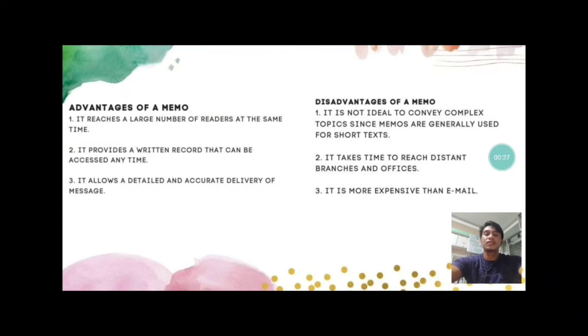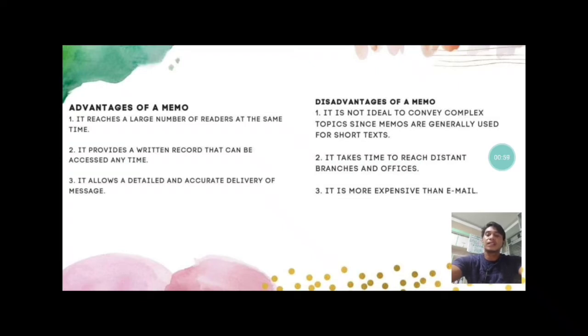For example, magbuhat ka og memo para sa moabot na event, syempre need nimo ipabasa sa inyong head or president sa organization para ma-approve ang imong gibuhat na memo. So mag-take pa na siya og time para ma-confirm nila or approve.